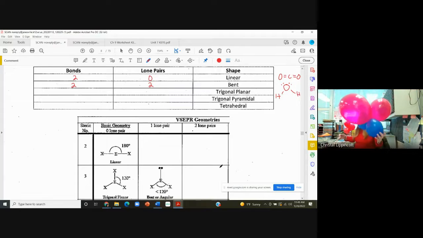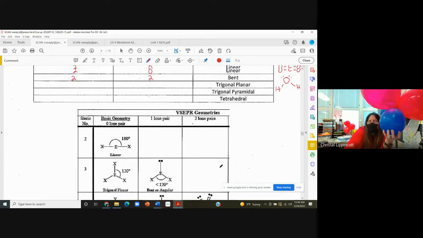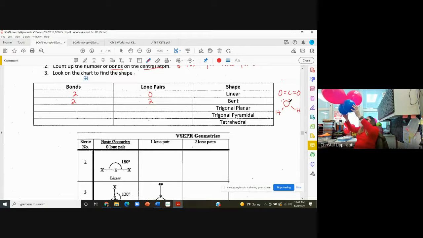Okay. And that's why, even though you see it drawn here, you're like, how do you get 104.5? Well, remember, we're drawing this in a two-dimensional space, but this is actually a three-dimensional object that we're working with. Okay. So this is what that looks like. That's your bent.